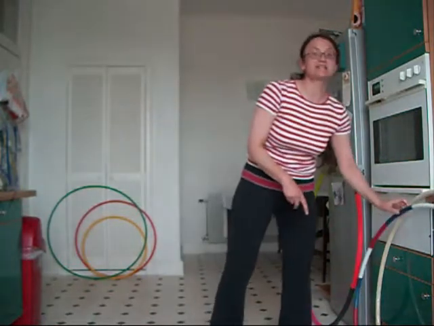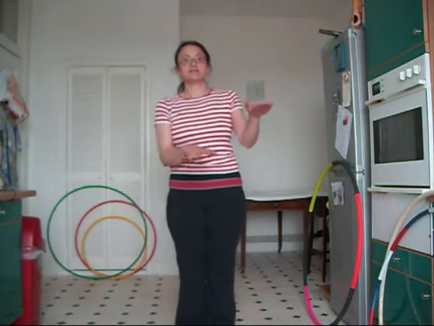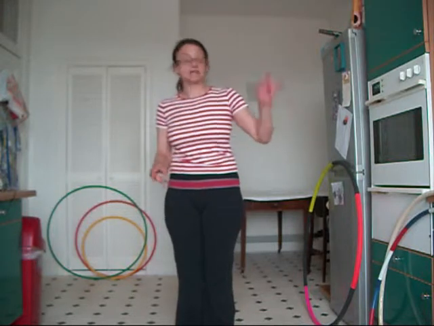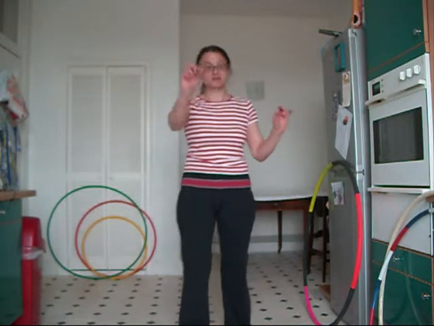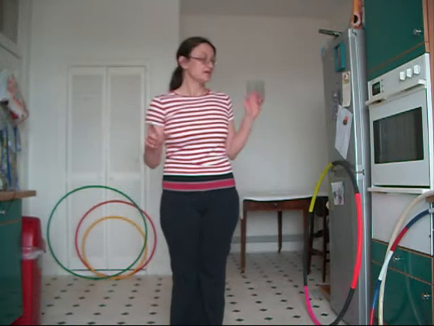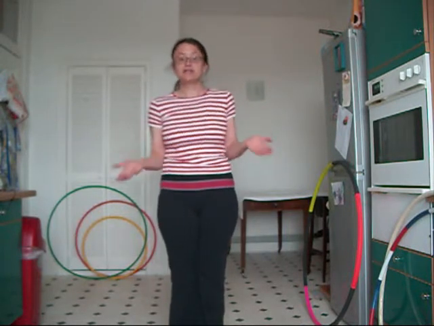But what effect does size have? We want the outside of the hoop to be fast enough so that it spins up and it doesn't fall down. It's the speed at which the outside of the hoop, the fastest part of the hoop, is travelling, which determines that. So basically, the bigger the circle, so the bigger the hoop, the slower you can hoop.